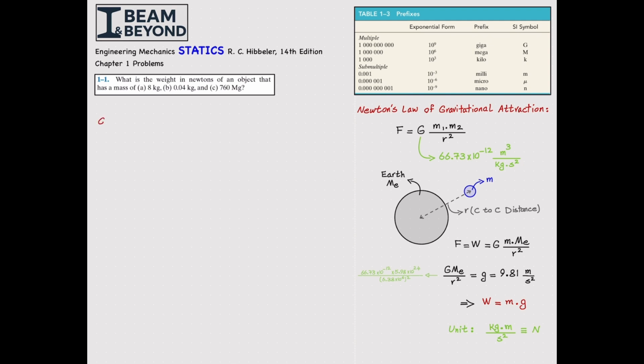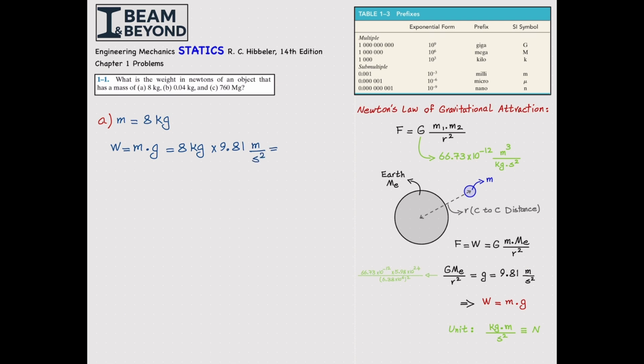Part A: we have M equals 8 kilograms. Weight equals mass times gravitational acceleration. Here we have 8 kilograms for M times 9.81 meters per second squared.